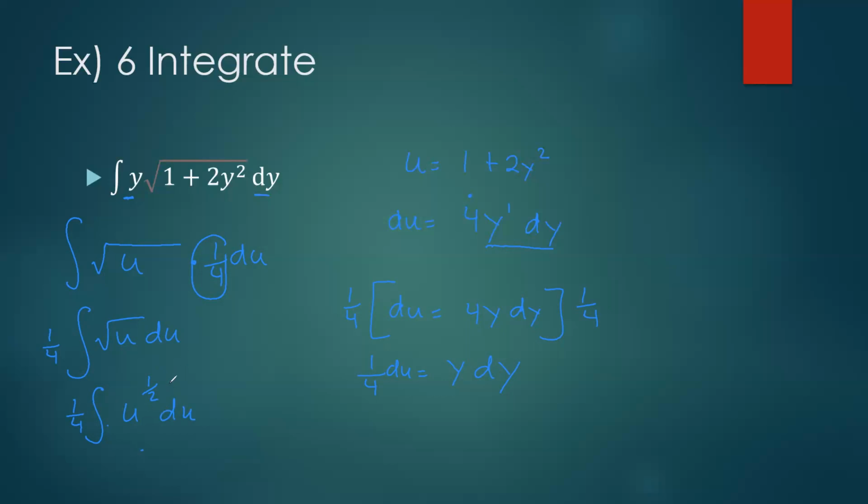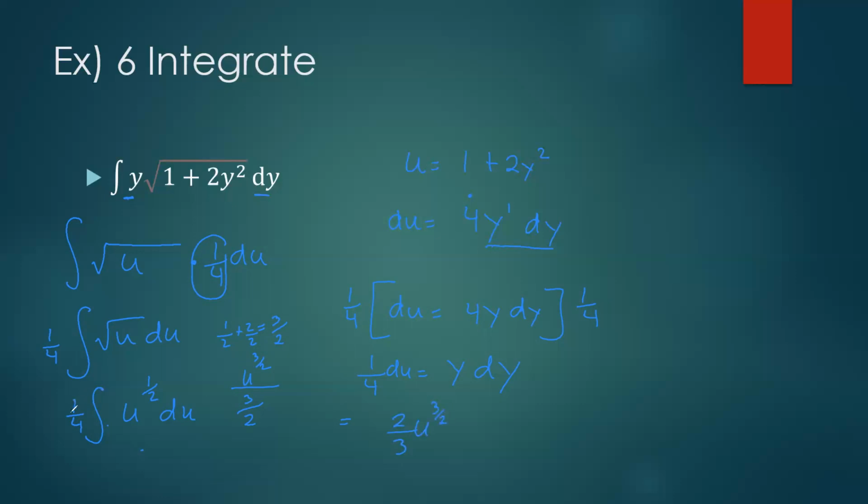So you just basically add 1 to the power and then divide by that number. So what's 1/2 plus 1 or 2/2? It would be 3/2. So it would be u to the 3/2 divided by 3/2. When you simplify that, that gives you 2/3 u to the 3/2.